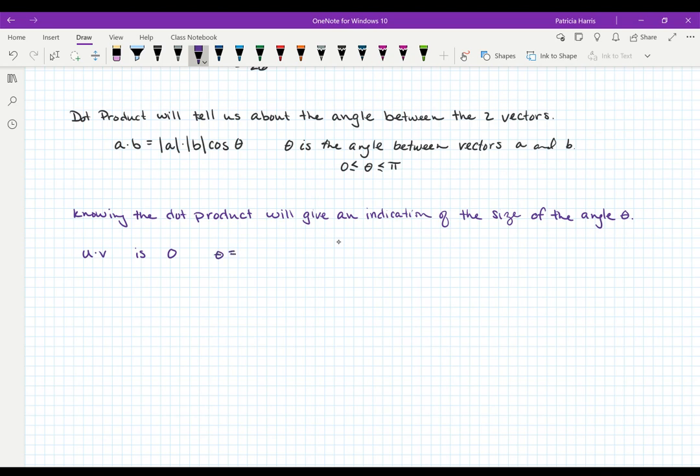Then theta is equal to pi over 2, or 90 degrees.